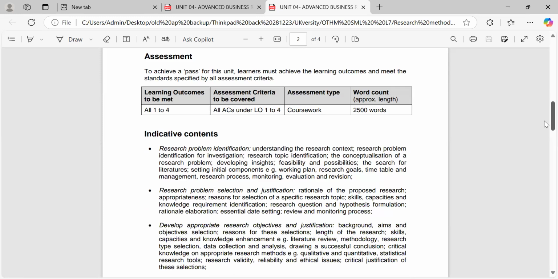When we deliver these, we'll go through indicative content. So research problem identification: understand the research context and research problem identification for the investigation. We'll go through research topic identification and conceptualization. So you can conceptualize the research problem, what problem we have, what we really want, and we want some feasibility study for that research and what this research will bring to achieve our objective.